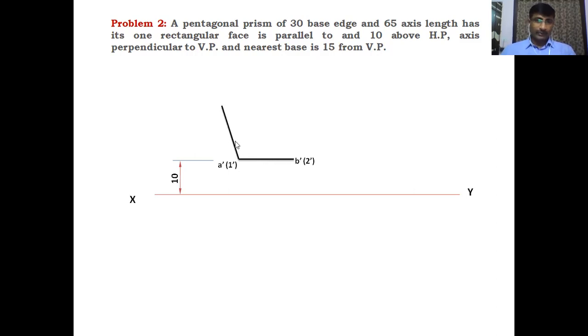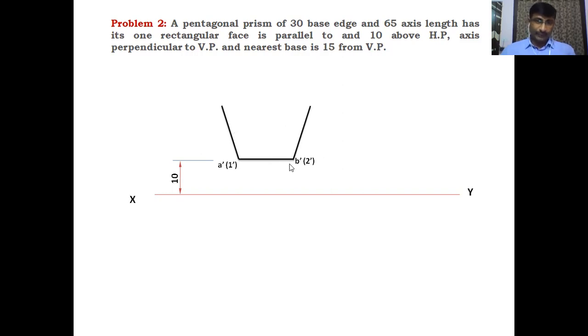Draw a line inclined at an angle of 108 degrees with this horizontal line, because the angle between two sides in a pentagon is 108. The length of this inclined line is also 30 mm, because all sides of the pentagon are equal, 30 mm.